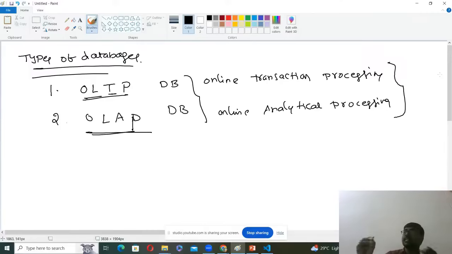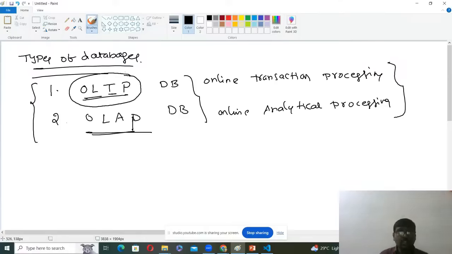Generally, suppose you consider any organization, some DMart, whatever it is, the organization internally uses both the databases. So OLTP is used for day-to-day transactions. For example, this day we are doing this transaction, this time I am doing this one.